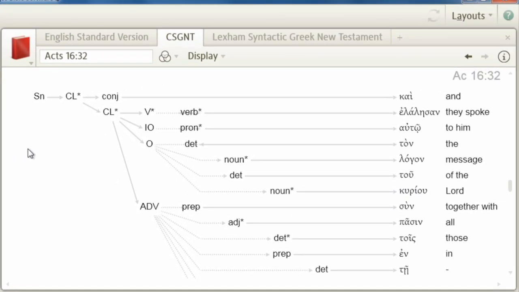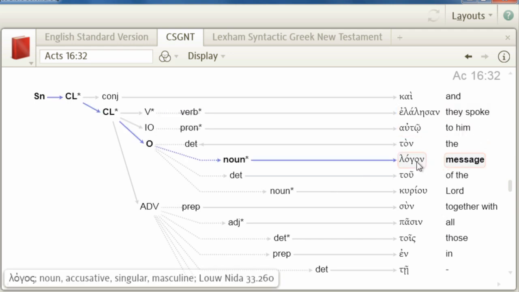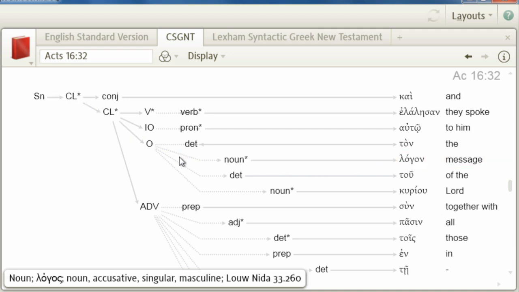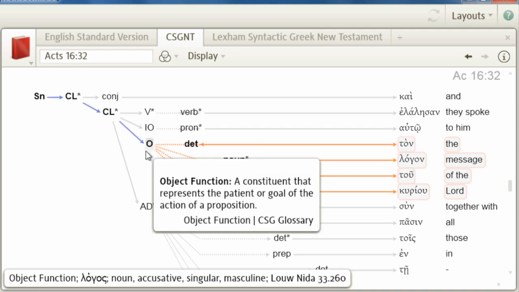And here in this resource we have a graphical display of the text, and they spoke to him the message, and here is our word in the accusative case. We can hover over it and get the morphological information, and we see that this is connected to an O. And we can see here that the entire phrase, the message of the Lord, functions as the object within this clause.